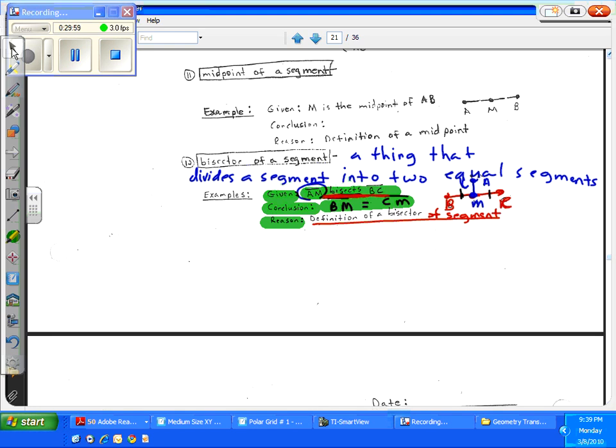And we can use that reason because here's the word bisector of a segment, and there's the what you get out of it. So we use the reason definition of when we have the word and what you get out of it. Okay, so that's lesson 1, 2.